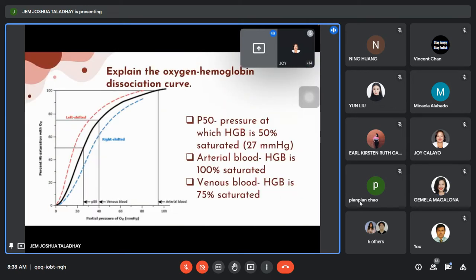So regarding the shifts, the left shift and the right shift, I will discuss the reasons later, but I will first explain the flow on why an oxygen hemoglobin dissociation curve would shift to the right.